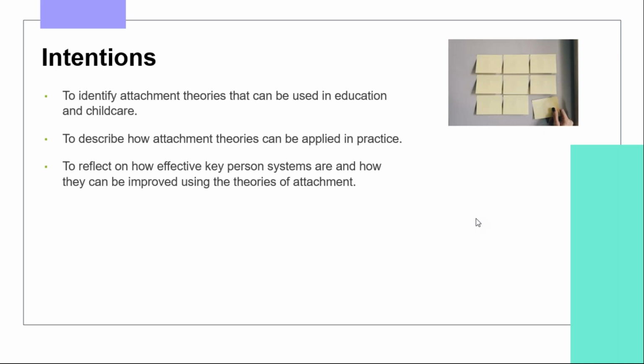That was a mouthful. We'll also describe how attachment theories can be applied in practice. And then we'll reflect on how effective key person systems are and how they can be improved using the theories of attachment, helping to make those significant links to modern day teaching and learning and practice in education and childcare settings.